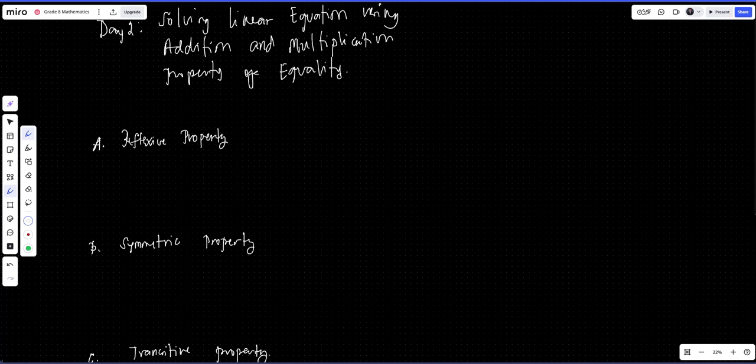When we say linear equation, it is an equation that contains one variable, which has a maximum order of 1.